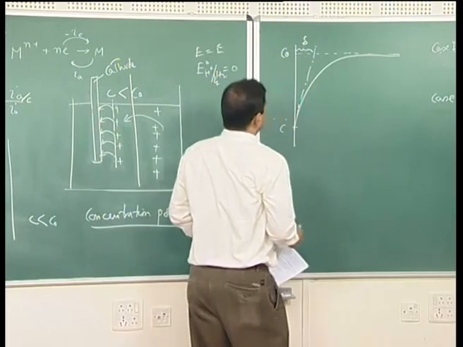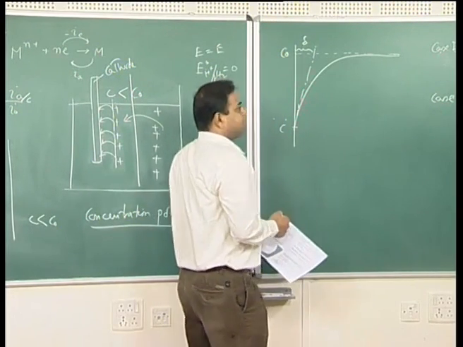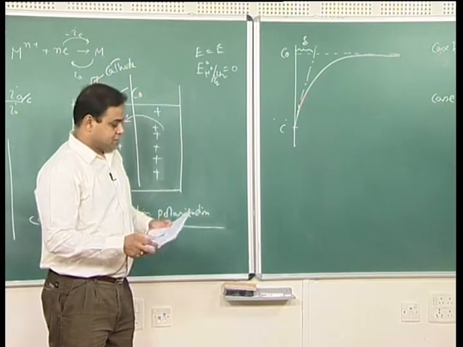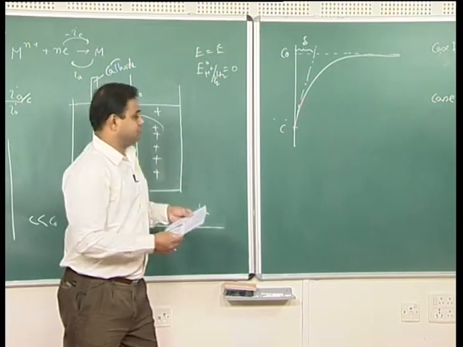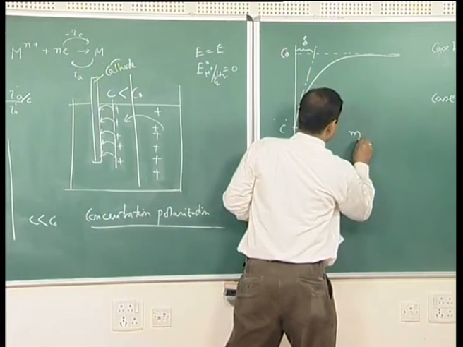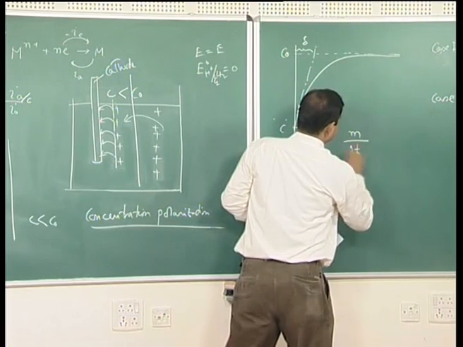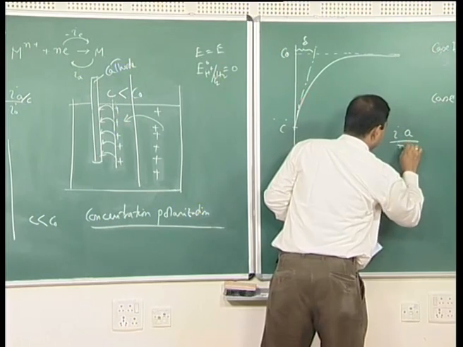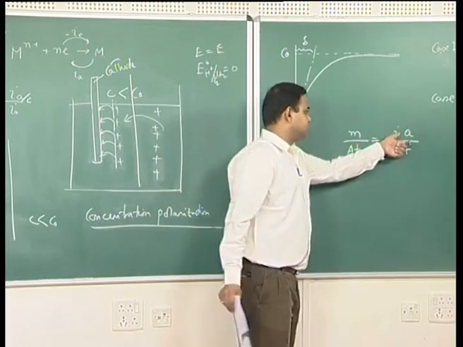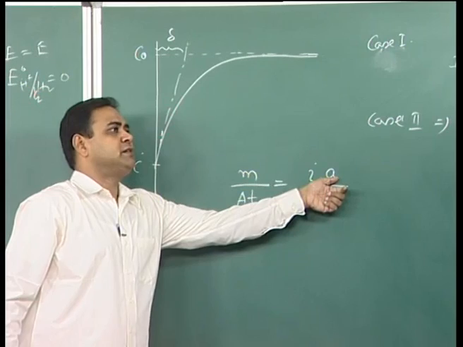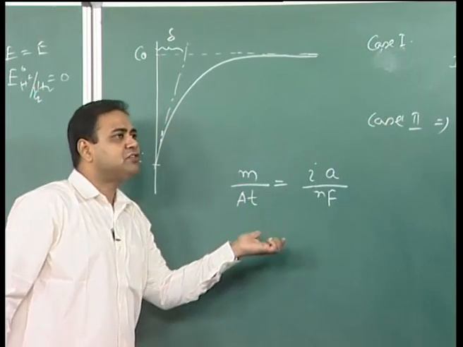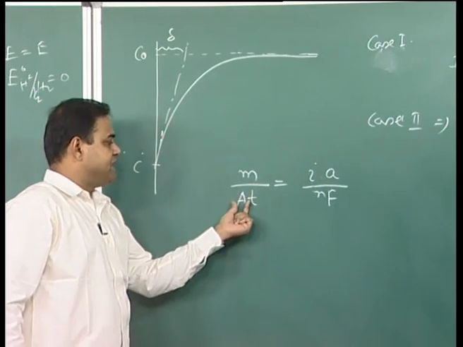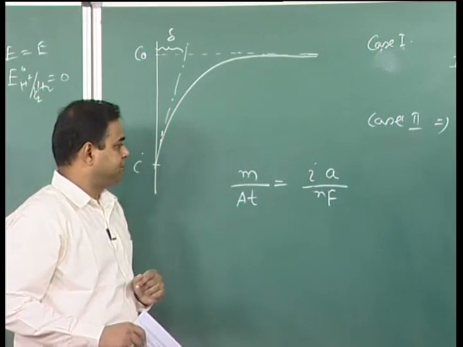Now let me find out what would be the flux of metal ions that is existing there. So I know this equation, m by A t equal to I into a by n F, where I is the current density, a is the atomic weight, m is the mass that is travelling through a cross section, A is the area and t is the time.